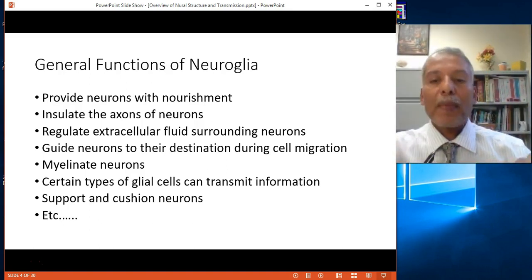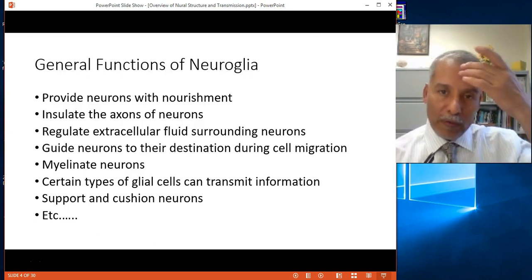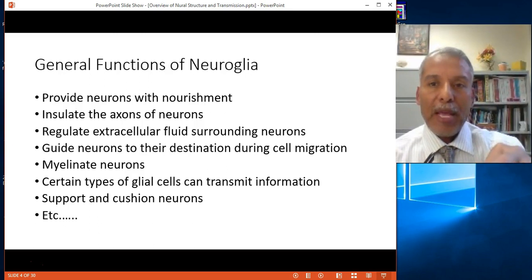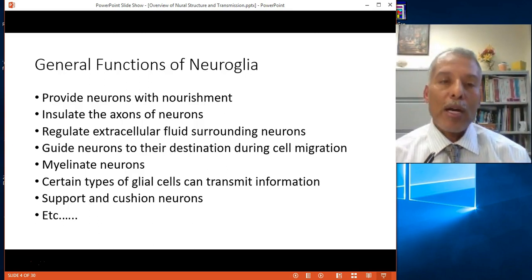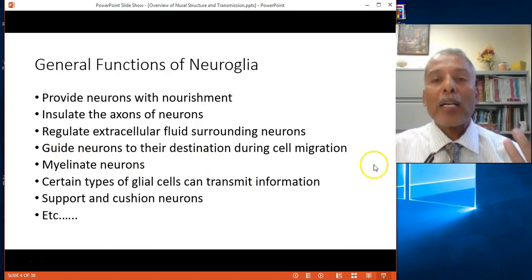And by the time the neuron reaches its destination to become part of the frontal lobe or temporal, whatever, it has matured along the journey, and then it can be embedded and it stays where it belongs. So without these neuroglia, the process of cell migration during development would be impossible.